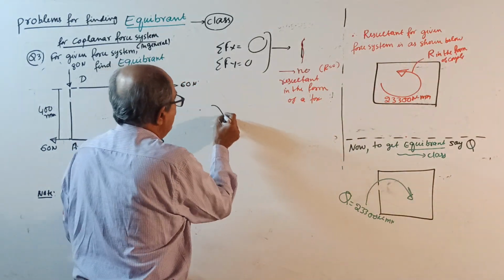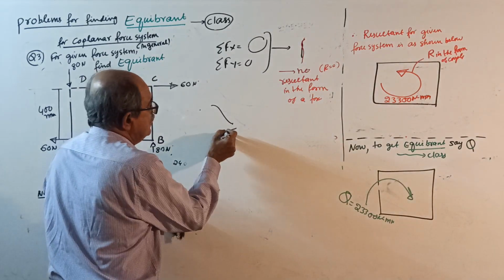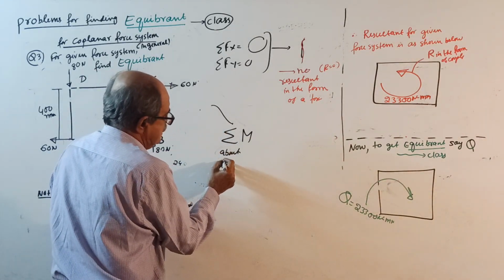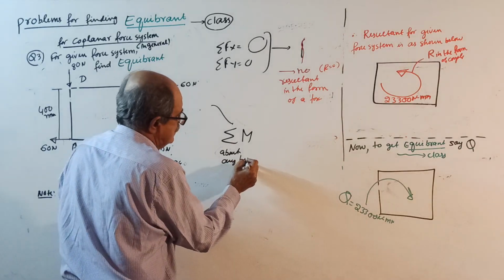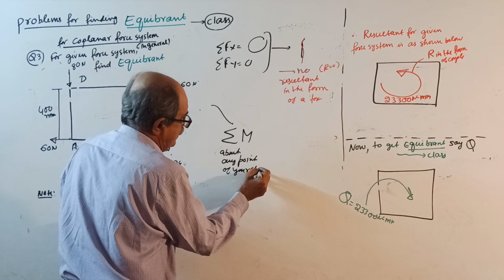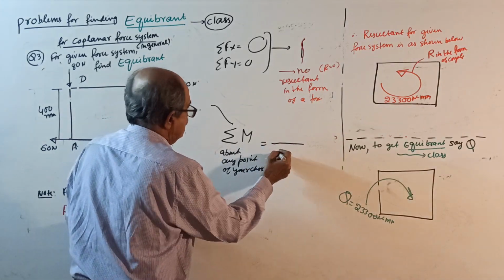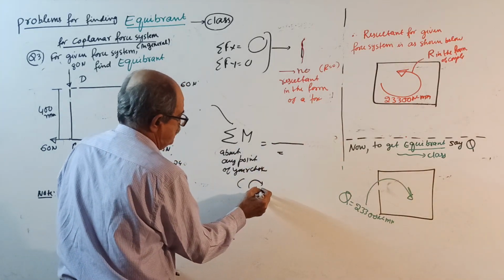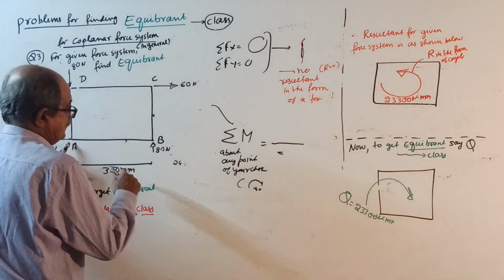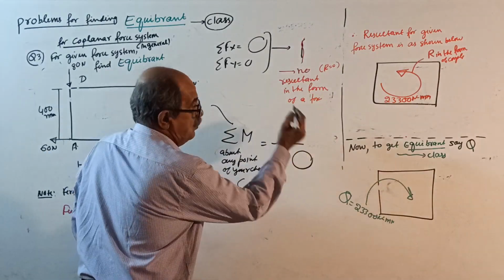So therefore check the resultant couple. Consider sigma M about any point of your choice. But you should not worry, take a point, calculate. You take clockwise positive. It will come 0.